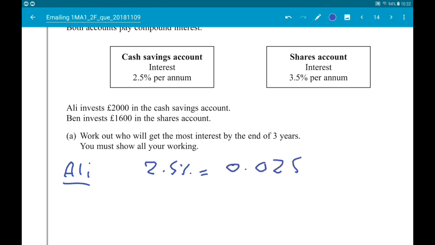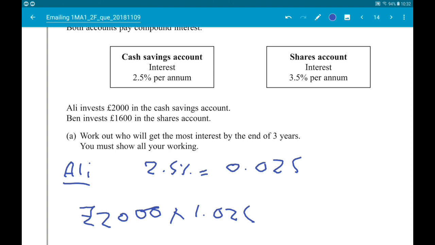So the decimal multiplier we're going to use is 1.025. So Ali is going to have £2,000 times 1.025. Now that would work out how much she has at the end of 1 year.